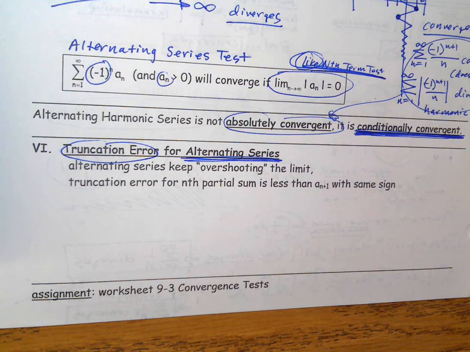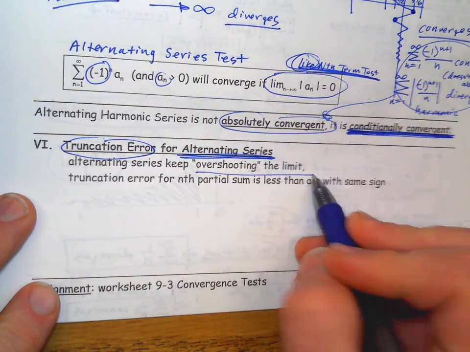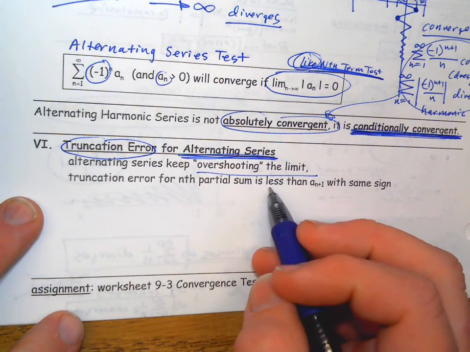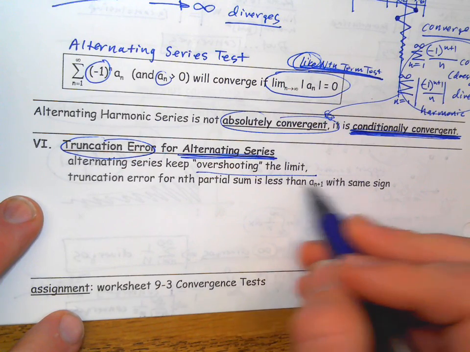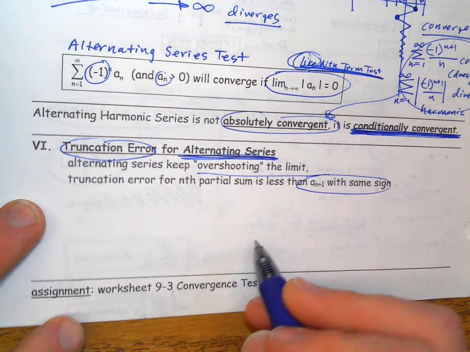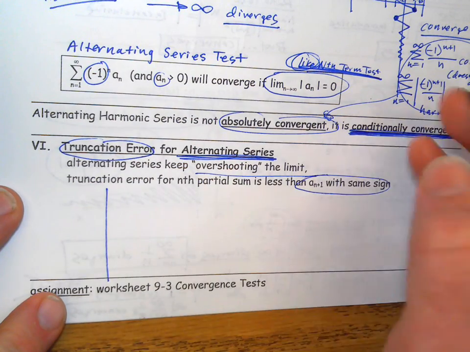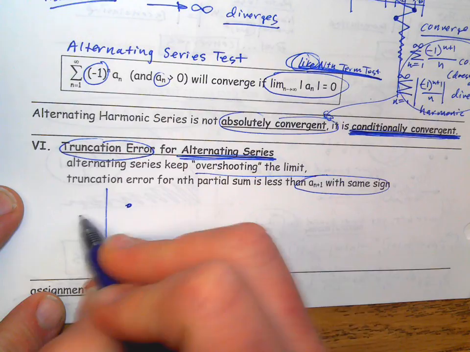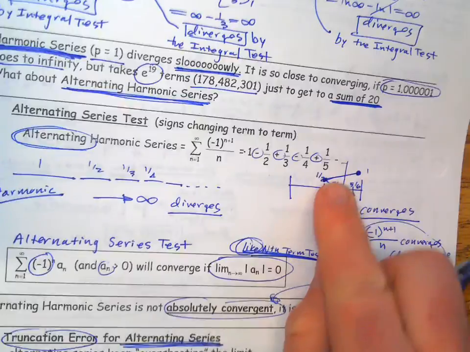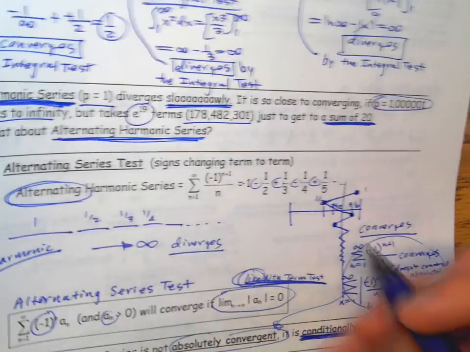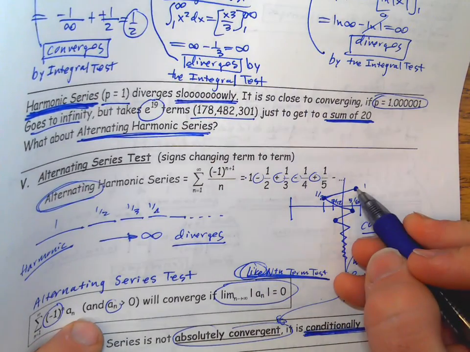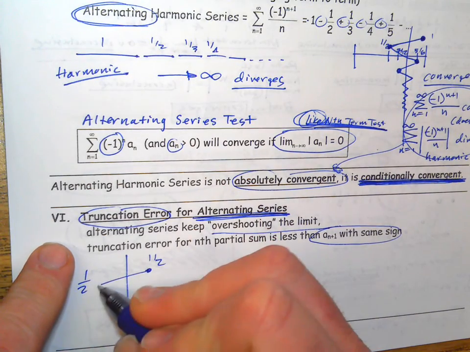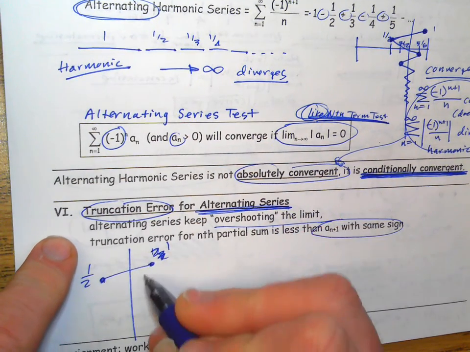Okay, so alternating series keep overshooting their limit, going back and forth, right? The truncation error for the nth partial sum is always going to be less than the next term. So if you look at what we were doing up there, the first partial sum was 1, and so let me rewrite this picture right here.